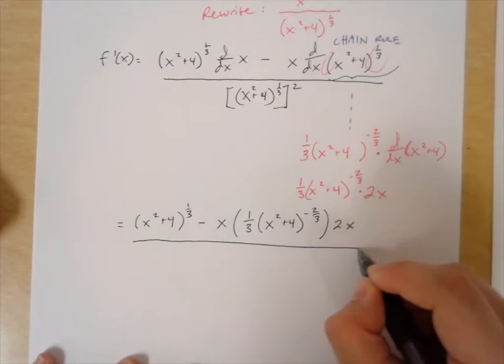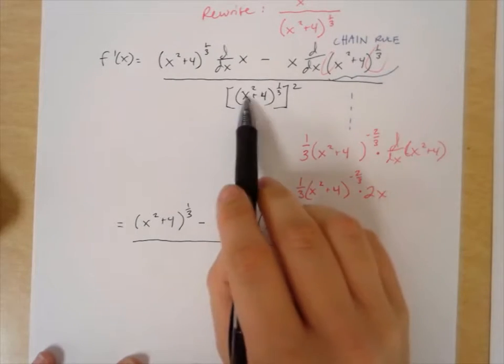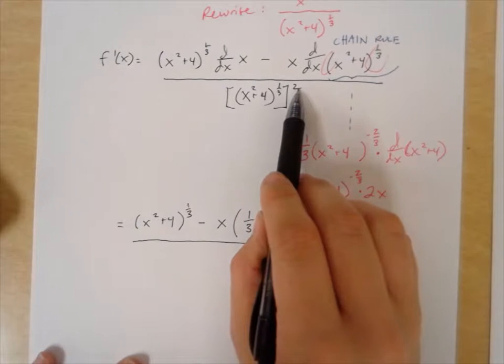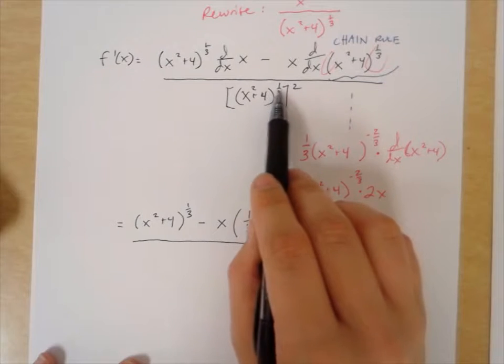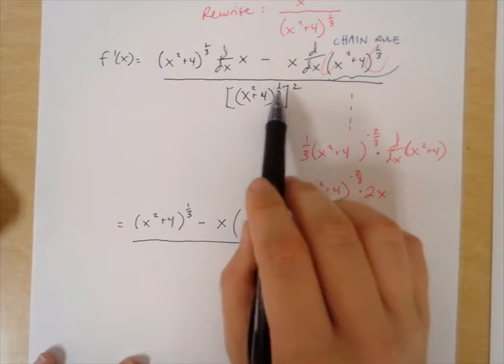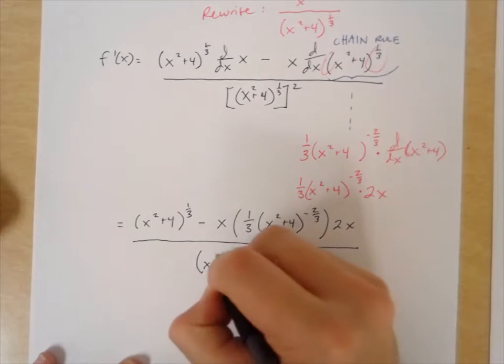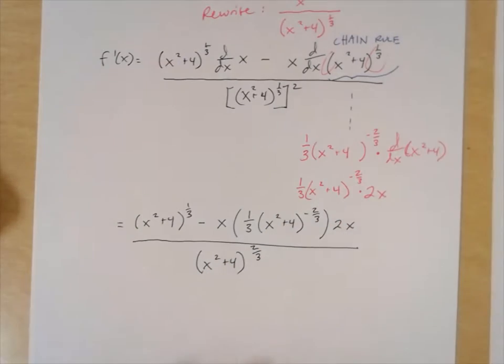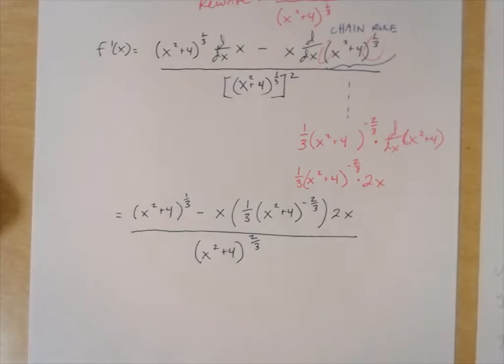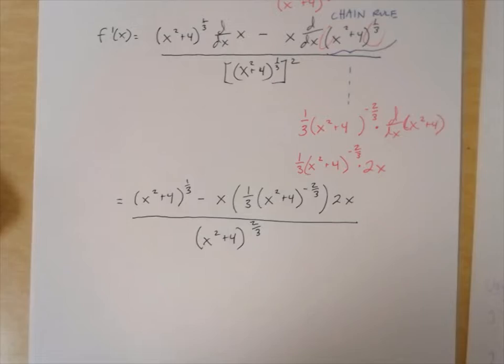And I have that all over x squared plus 4 to the 1/3 to the 2. So you can see what happens here when I have a power to another power, I multiply them. So what I actually have is x squared plus 4 to the 2/3. Now when I begin to simplify even more, what I get to say is this.